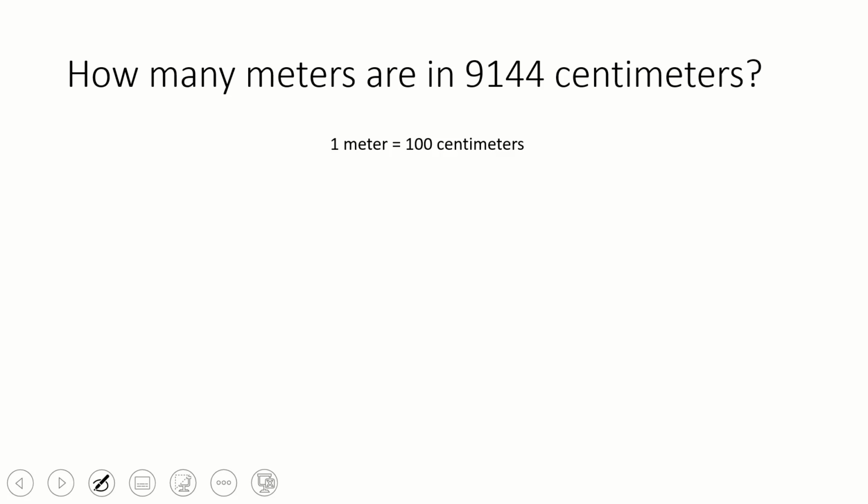So this equality that I just wrote up relates meters and centimeters. And so from it, I could say 1 meter per 100 centimeters, which I'm going to abbreviate cm, or I could write 100 centimeters over 1 meter.